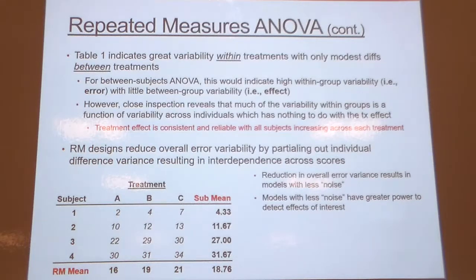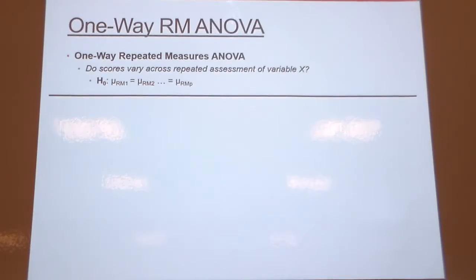If we reduce that noise, we're going to get a much cleaner signal, because even though people are all over the place, with wide variability in scores for treatment A, B, and C, everybody's moving in the same direction. The change we're seeing across individuals is fairly uniform. We can't see that in our between subjects design, but within subjects, we start to see this much more clearly.